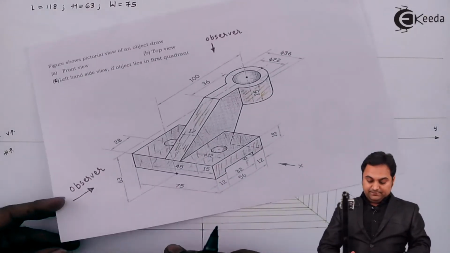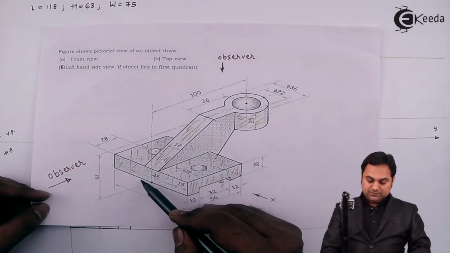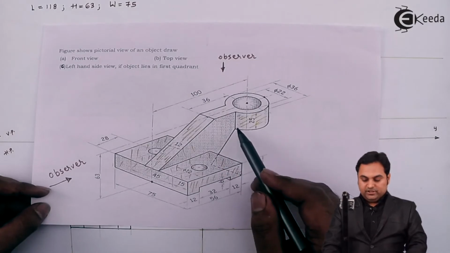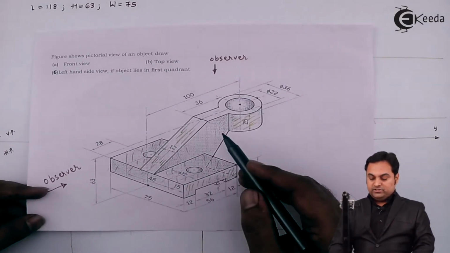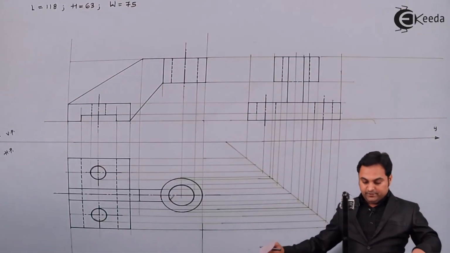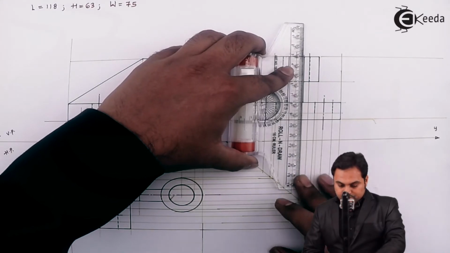The rib is hidden, as we see here. The rib is connected to the bottom, so this much part of the rib is visible. Otherwise, when it is connected to the bottom, the remaining portion should be hidden. So this line which is coinciding with the rib and the other part should be hidden, so some portion of the rib will be hidden.